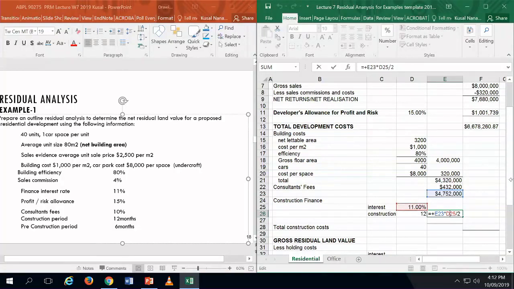For example, this is the dollar amount, say 10 million.